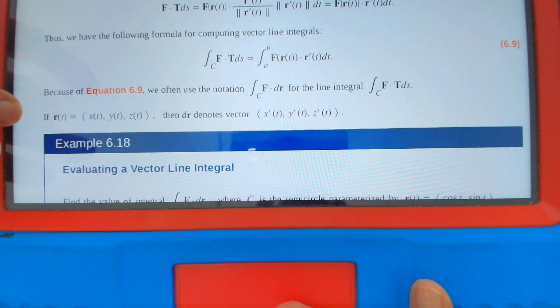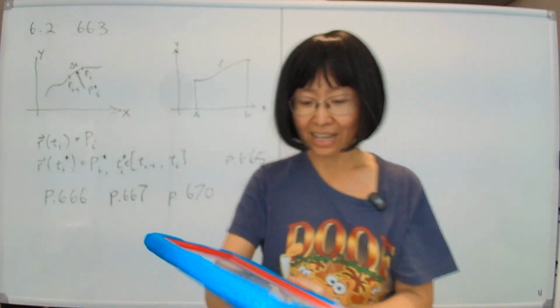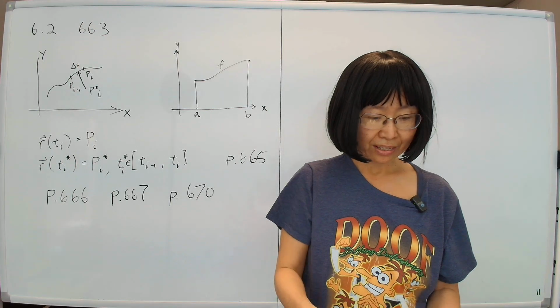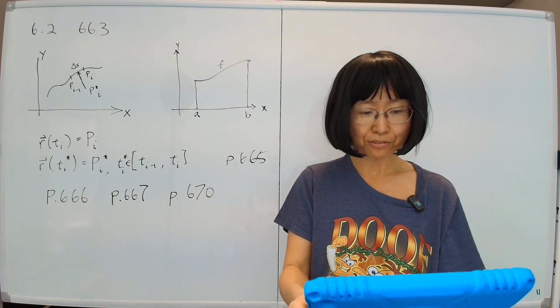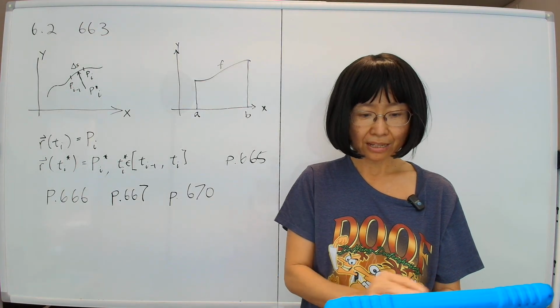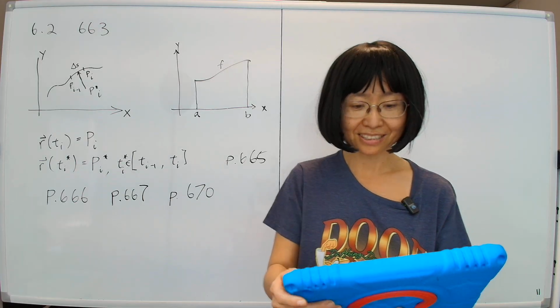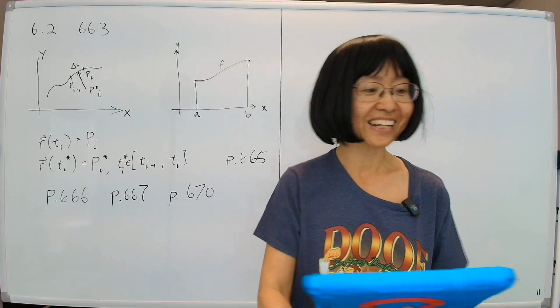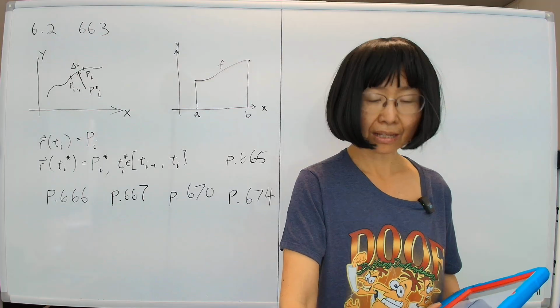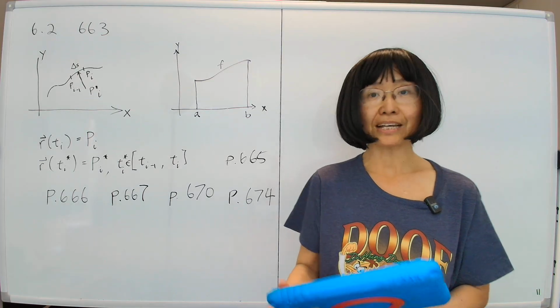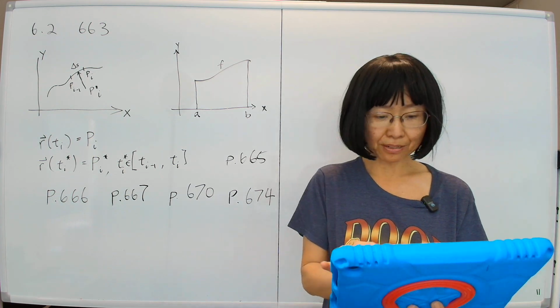That's the curve, and then plug everything in, and everything will work out nicely. So to see how that works, please do examples 6.18 and 6.19, both of which, as you notice, are very short because they are quite easy to do. So please do examples 6.18 and 19 as part of your homework.